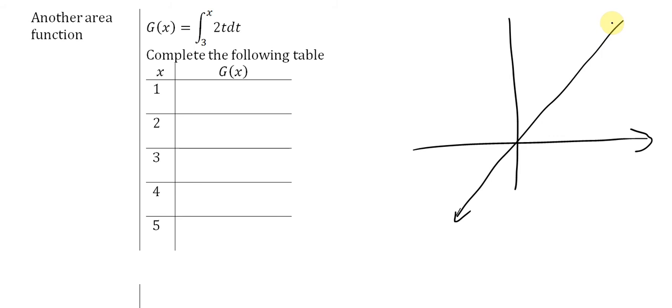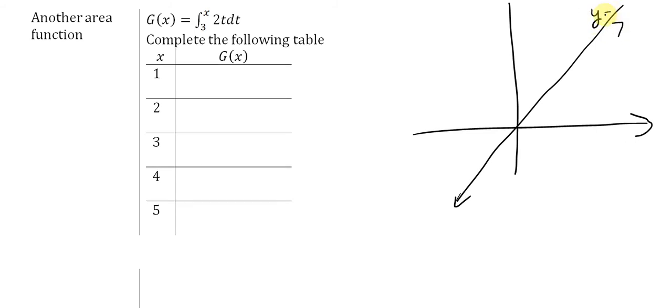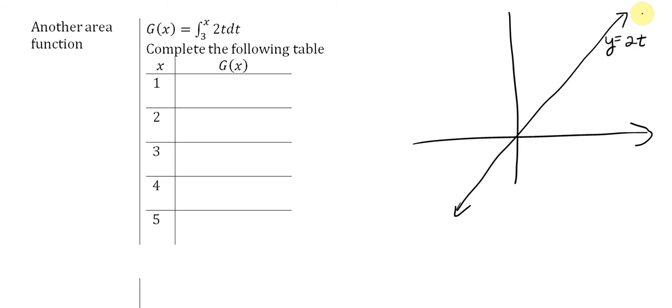This is y equals 2t. But instead of integrating from 0, we're going to start integrating from 3. So this has the point here of (3, 6).